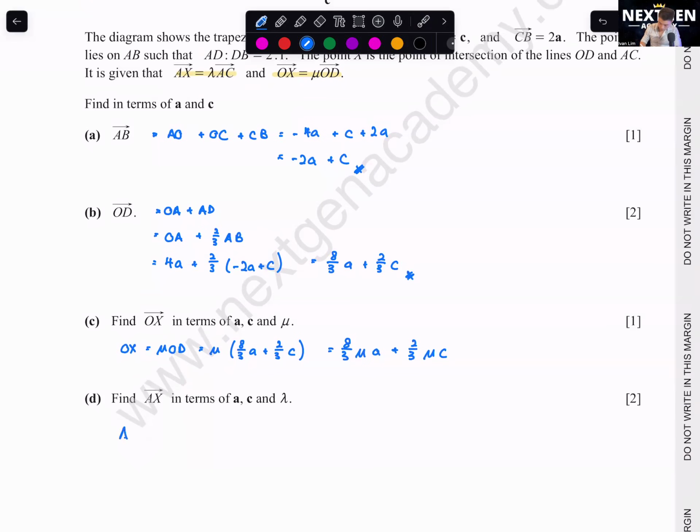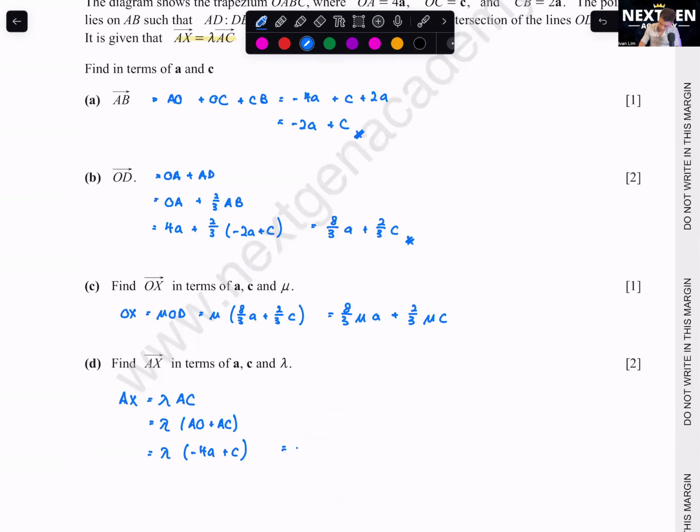So AX equals lambda AC, AO plus OC. By the way, all this naming is not necessary for you to write. If you want to write straight to the final answer, or just substitute in the value, it's totally fine also. So here lambda times negative 4A plus C, and we get negative 4 lambda A plus lambda C.